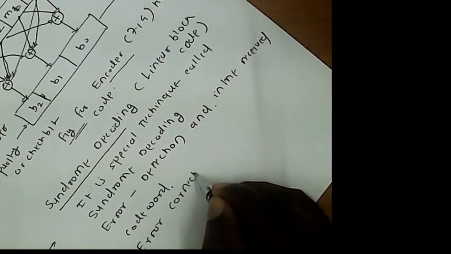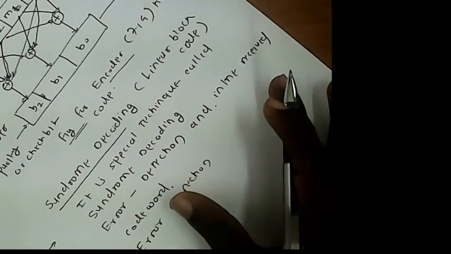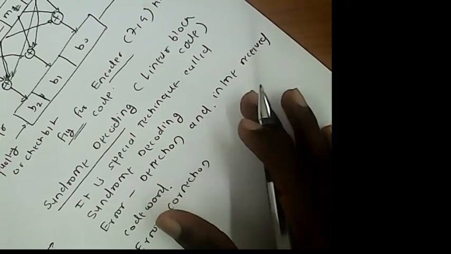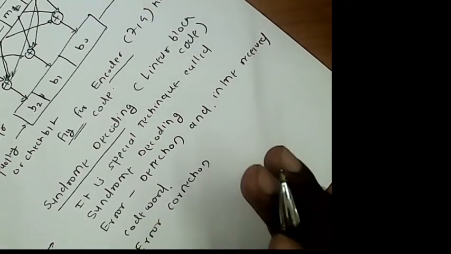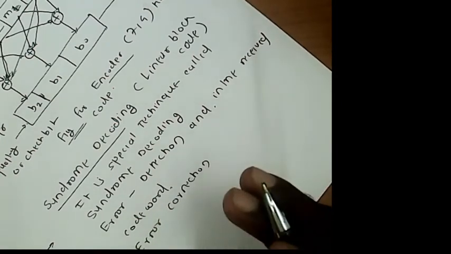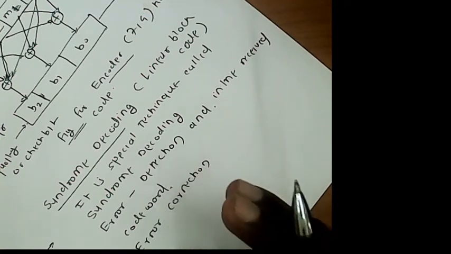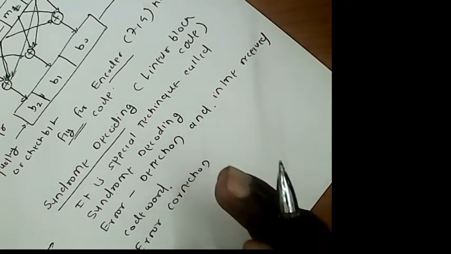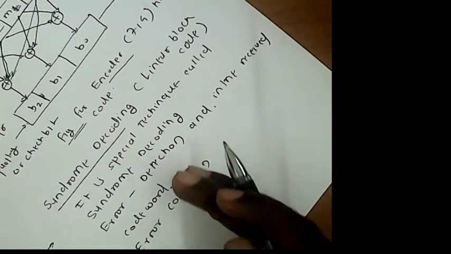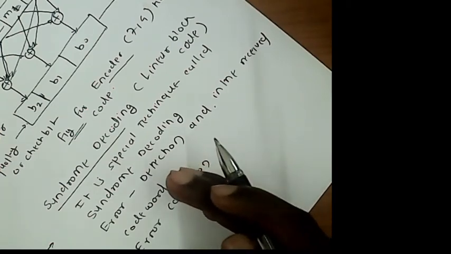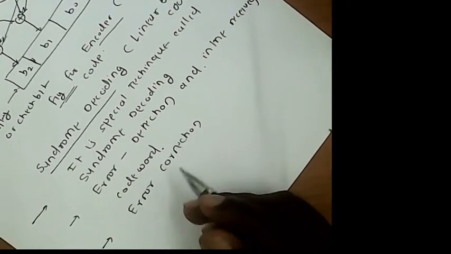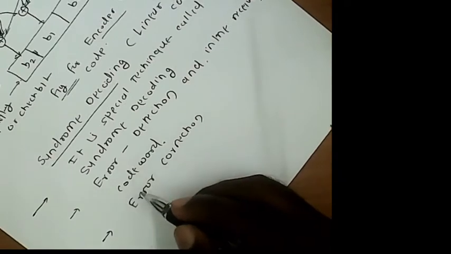If we find there is an error in the received code word, we cannot do anything with just error detection, so we also define error correction at the decoder side, meaning at the receiver side.